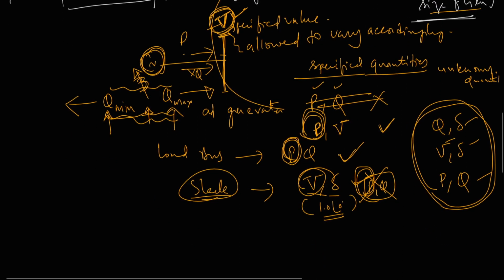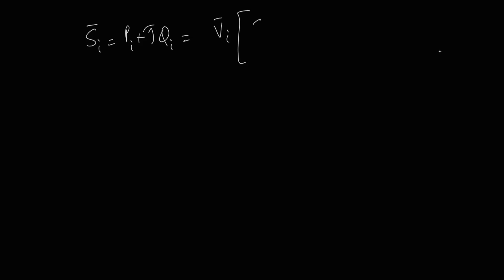Okay, now once we know this, we will move to the actual load flow method. I have just shown that the complex power P plus jQ at one particular bus, let me write at the ith bus, is the summation j equals 1 to n of Yij Vj conjugate.